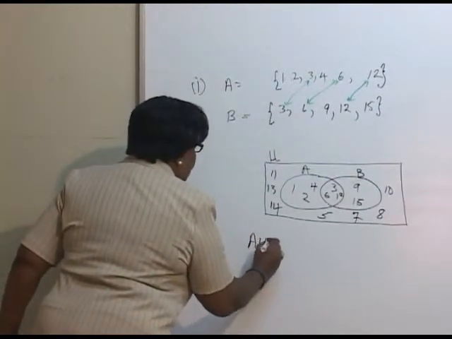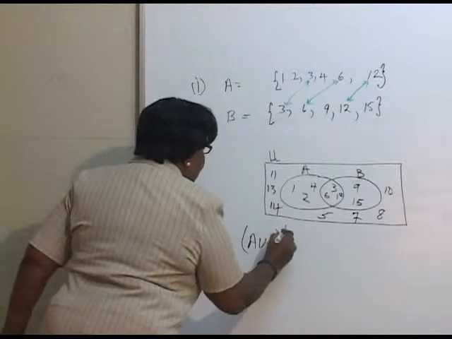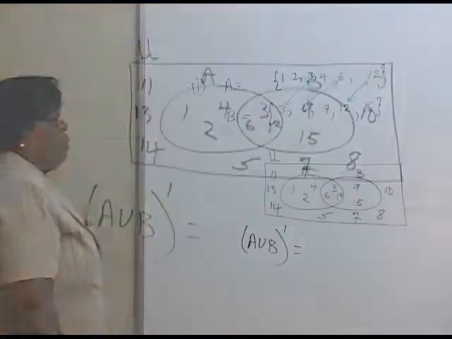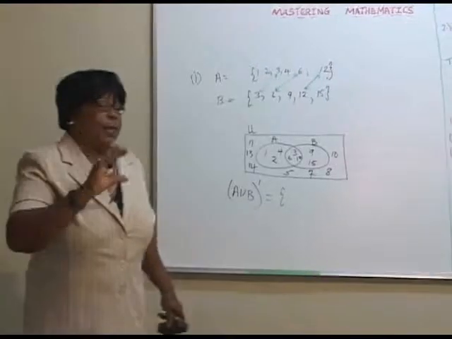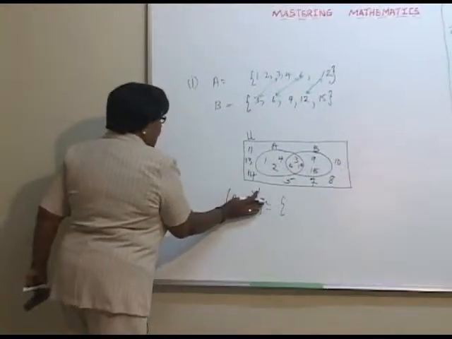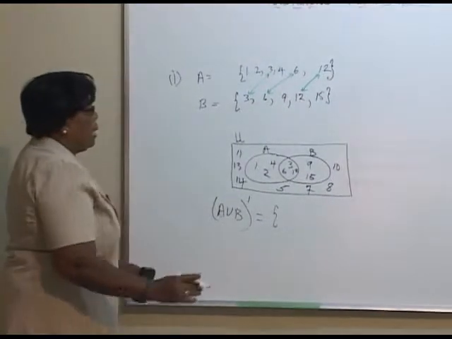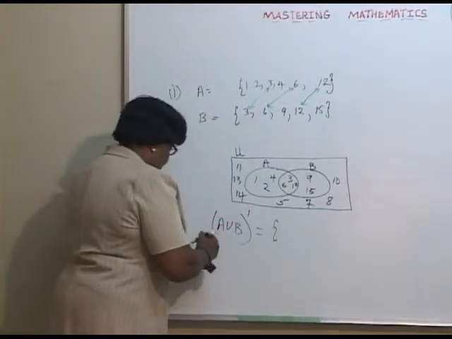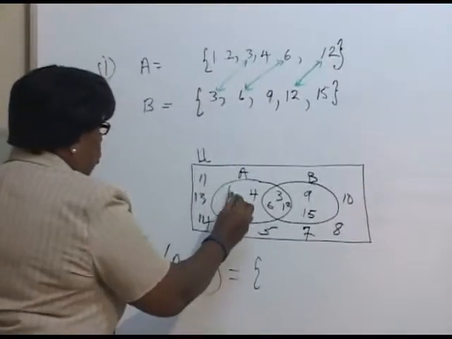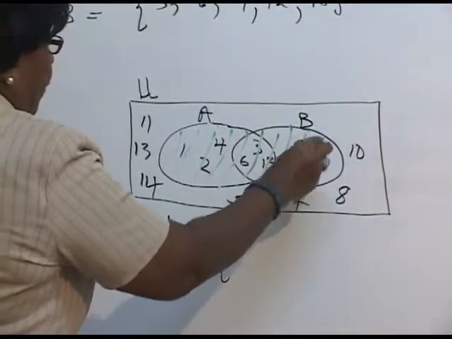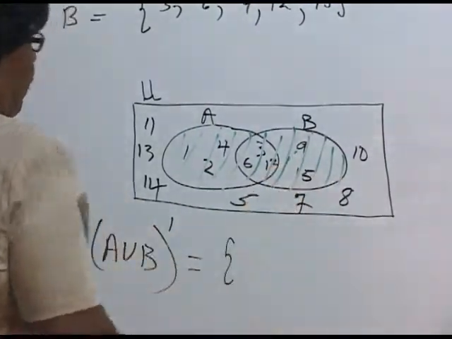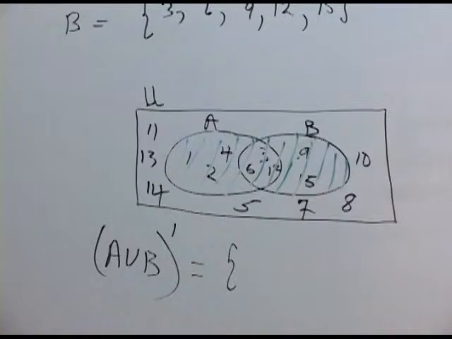A union B complement would be equal to, again using our definition, everything outside of A union B. Once we can identify the areas for A union B, all this, we know right away that anything outside of this area would be our complement. And so we start writing them.